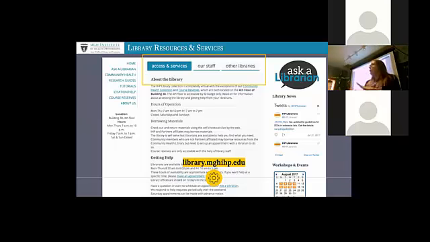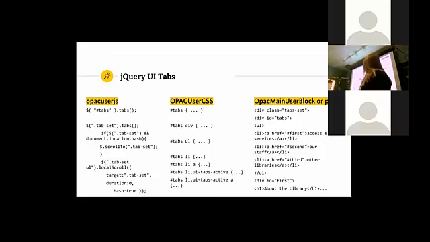I believe the jQuery is also built into Koha, so all you have to do is put a little bit of JavaScript into the page. I can share that whole code if you want to see what it looks like.